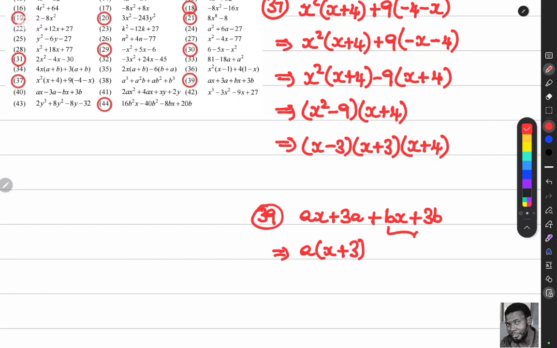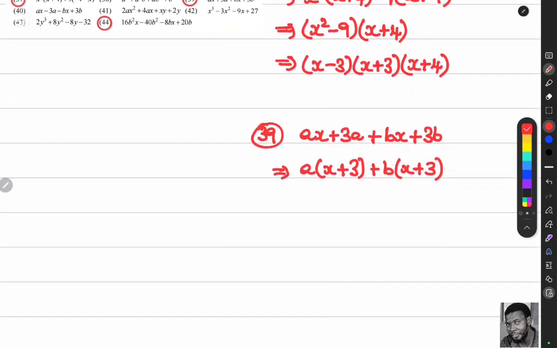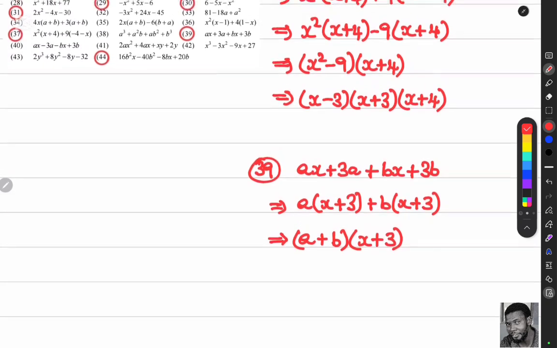And the last two, we'll have to factor out b. And with this, then you're going to say this is a plus b. You group the ones outside the brackets, then followed by x plus 3. Okay.